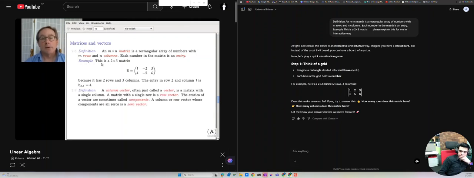Okay, a column vector is often just called a vector, is a matrix with a single column. If a matrix has a single row, it's called a row vector.